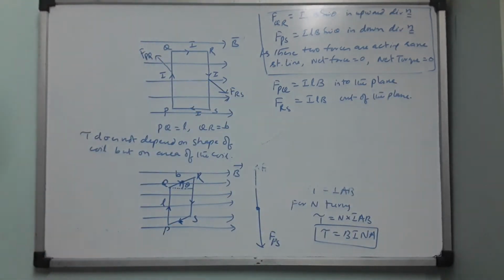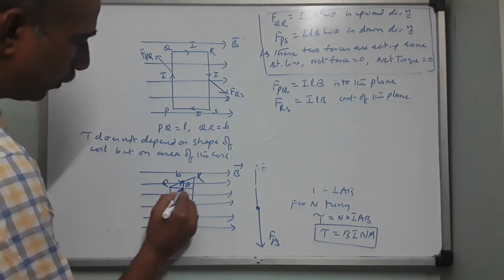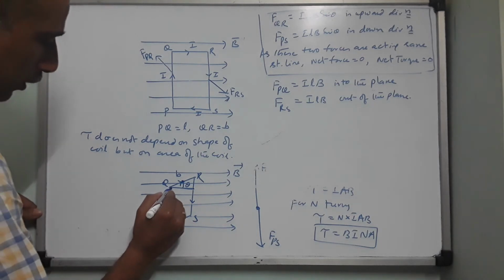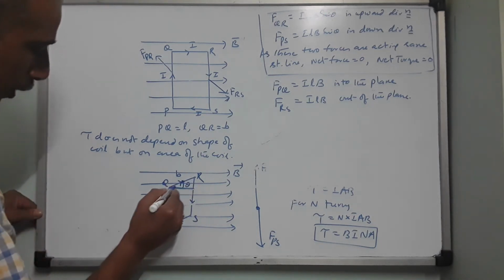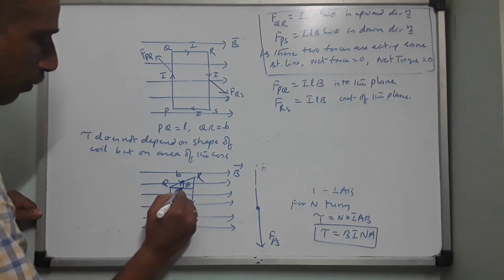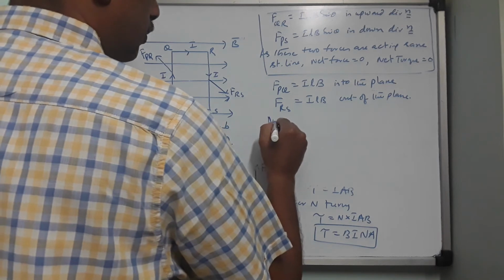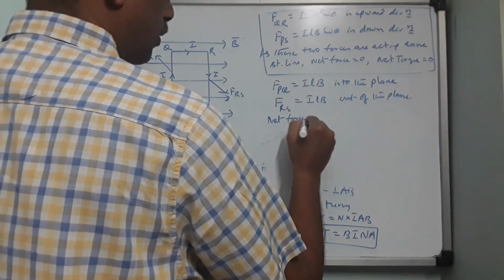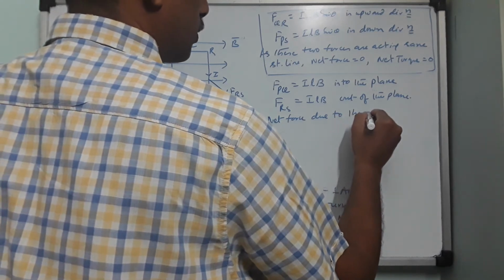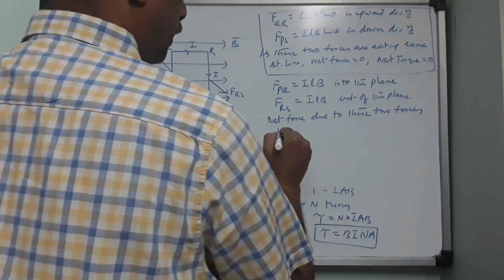Now children, the perpendicular distance between these two forces will become this much. This is your perpendicular distance. You can see that this distance will be shorter as compared to this distance. As this is the adjacent side, what will happen? This will become B cos theta. So the net force due to these two forces is also zero.